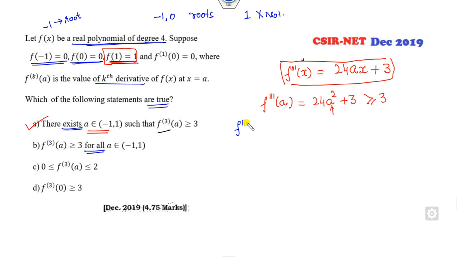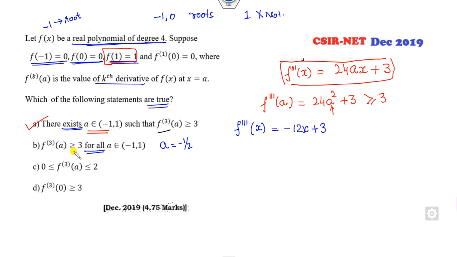If I simply take any number, say a is my minus half, then f dash of x is minus 12x plus 3.